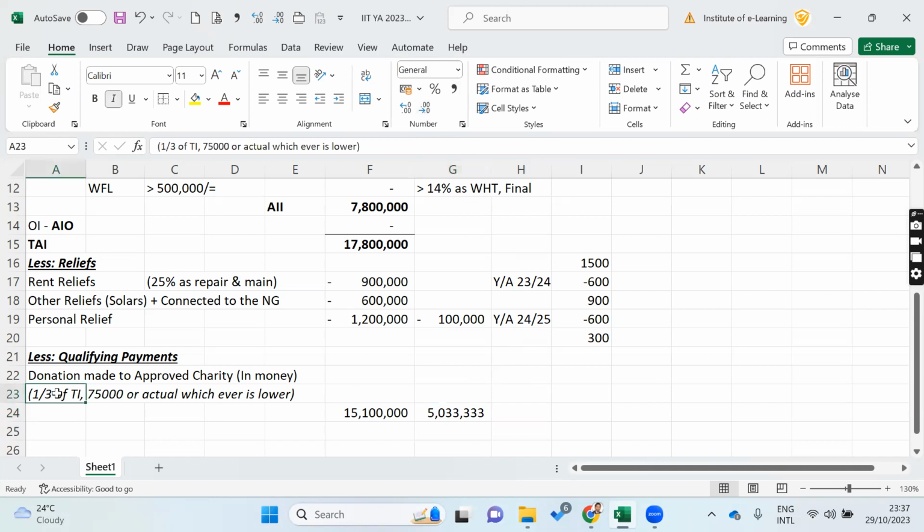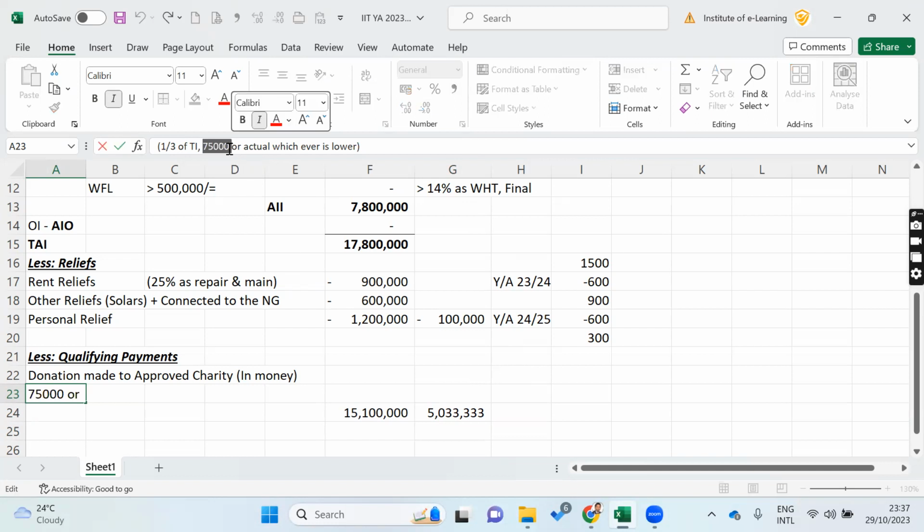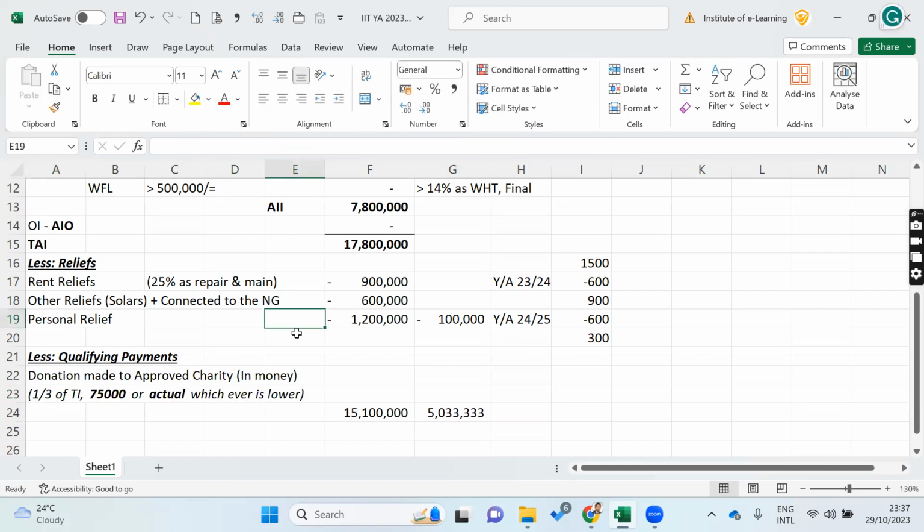Then the law says 75,000 is the basic limit. So always you need to compare the actual and 75,000. No need to go ahead with 1/3 of taxable income, because anyway it could be higher than that. So you can compare 75,000 and the actual.